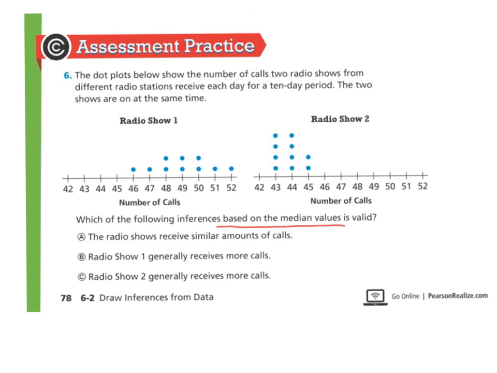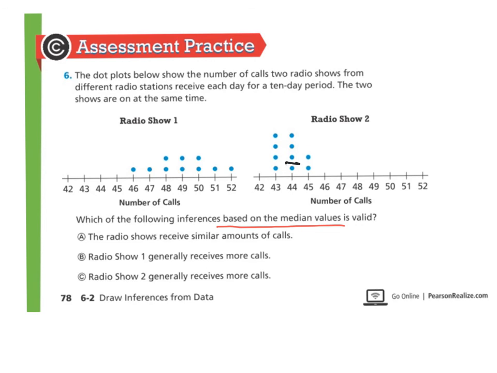Number 6, we have dot plots that show the number of calls 2 radio shows receive each day for a 10-day period. 2 shows are on at the same time. Which of the following inferences based on the median values is valid? Median is what we're basing this off of. If you look, we've got 10 numbers.